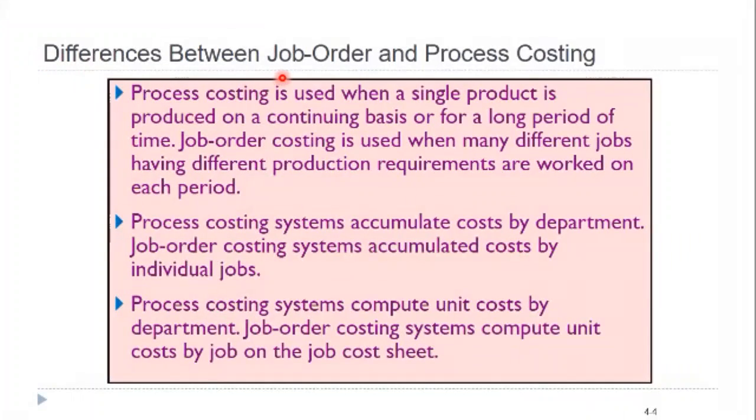The differences between job order and process costing. Process costing is used when a single product is produced on a continuing basis or for a long period of time. Job order costing is used when many different jobs have different production requirements and work on each period.